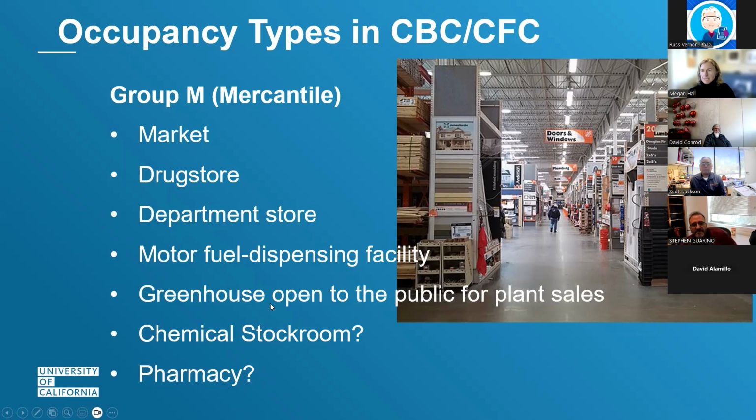What about a pharmacy? If you have a pharmacy with a counter that's open to the public and you're selling pharmaceuticals or other drugs, have hazmat there, that would be a Group M occupancy. But a compounding facility not open to the public would not really be appropriate as a Group M. What's the difference between a drugstore and a pharmacy?